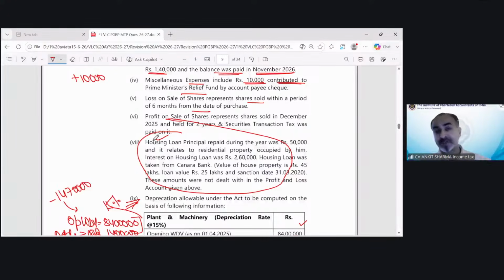And it majorly depends upon how you solve the PGBP part. So read it properly, analyze the point, and then do the treatment.